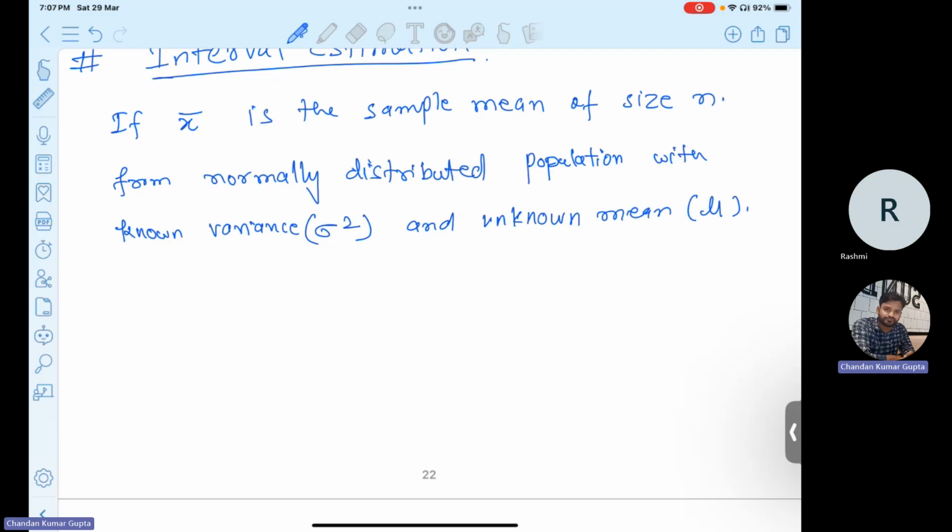So the mean is unknown, but the variance is known.